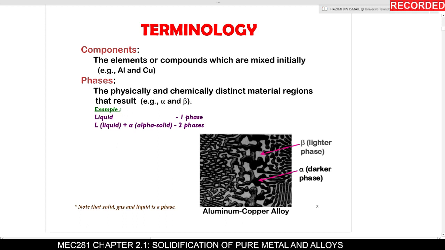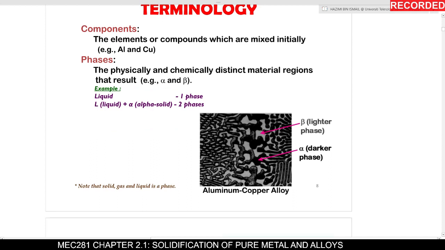But if you have one that is the pure liquid, and the other one is the alpha solid, so here now we have two phases. So in this picture here shows that you have two phases. One is the beta and one is the alpha. Okay, and at the bottom note here, note that solid, gas and liquid is also a phase.